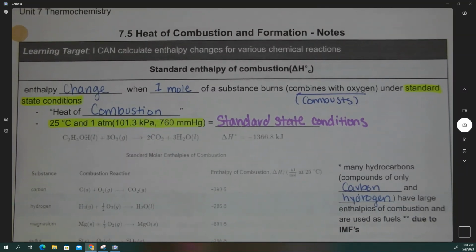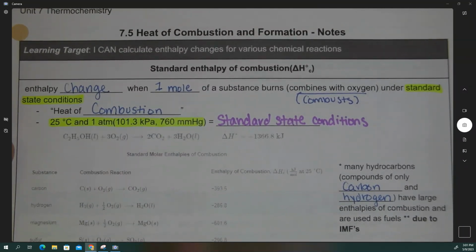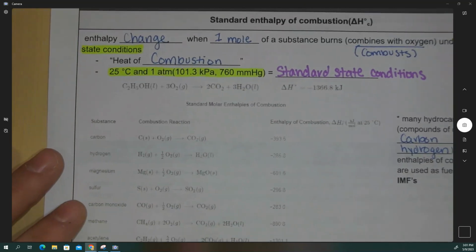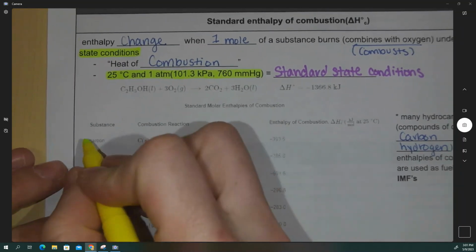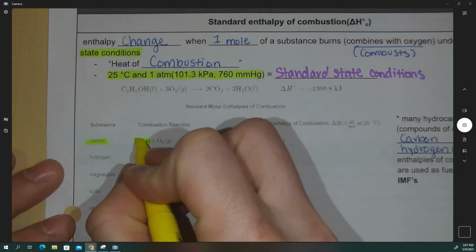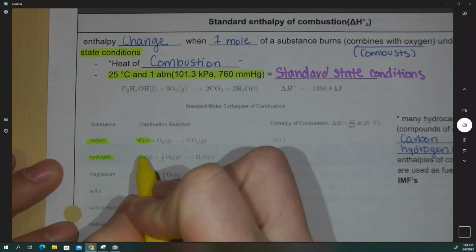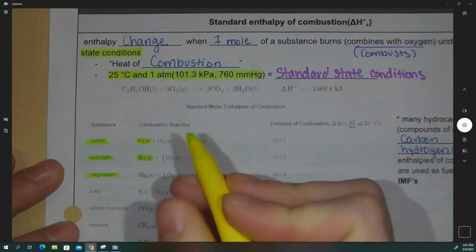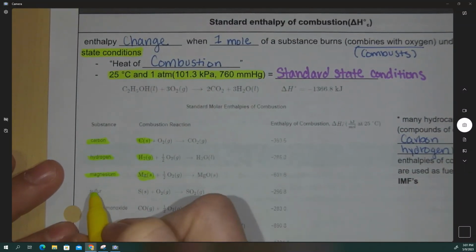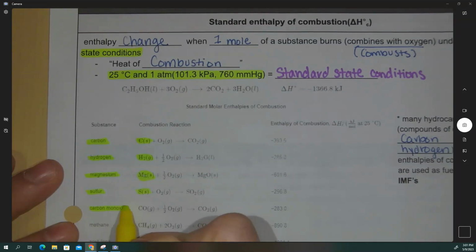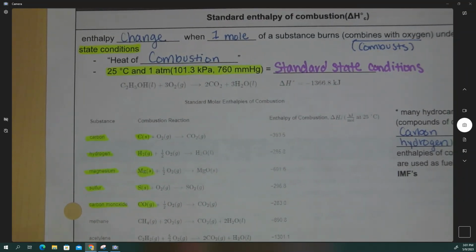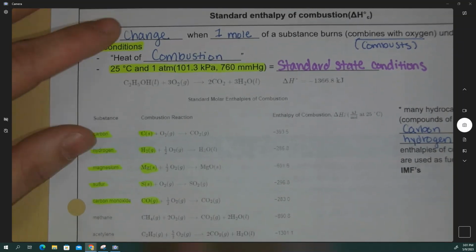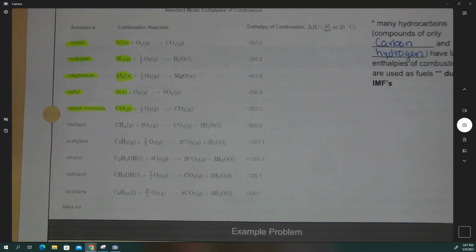If we're looking at our substances over here to the left, our substances are going to be the very first thing. So we're looking at carbon here, hydrogen with the hydrogen here, magnesium with magnesium here, sulfur, carbon monoxide. And then these bottom few down here are going to be classified as our hydrocarbons.